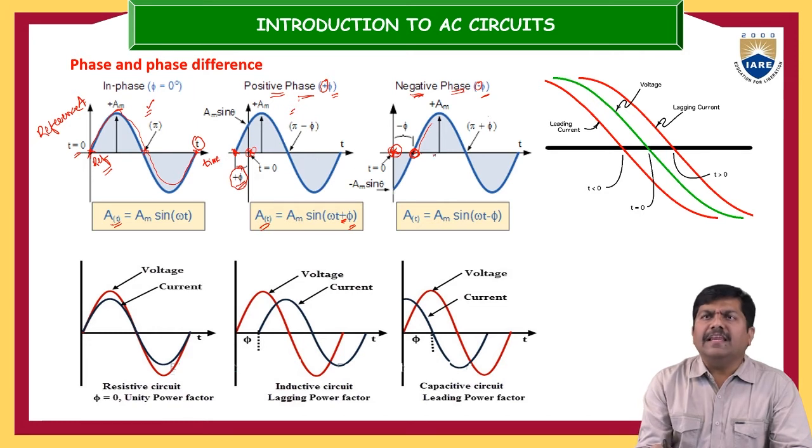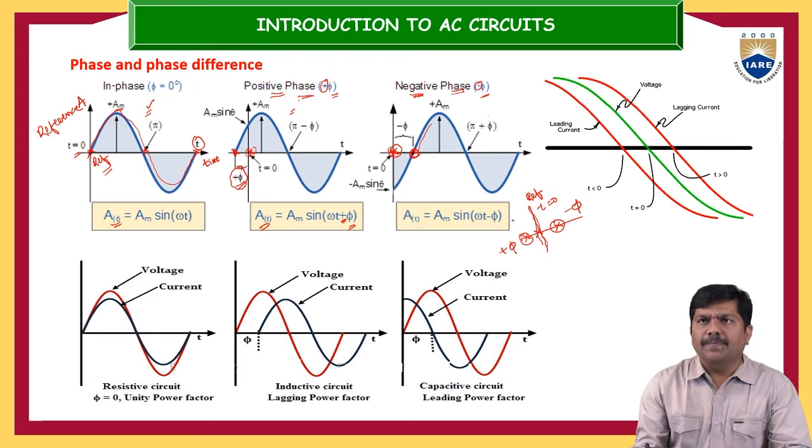So these are the three ways. If you are taking any waveform, it may start here, or may advance by some angle, or it may lag by some angle. So only these three possibilities are there if you are taking this as a reference. If this is our reference, reference means t is equal to 0. Lagging means minus pi. Leading or angle of advance means plus pi. So only these three cases may occur.